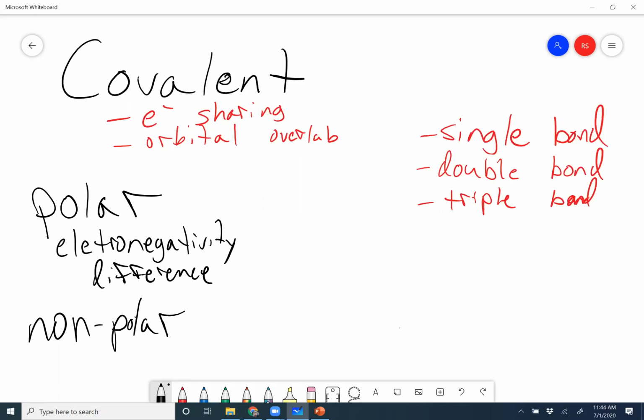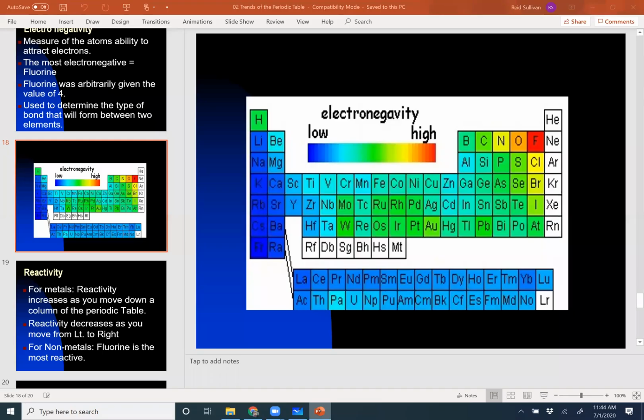I think your book says 1.5, but we'll just say 1.6. When the difference is about 1.6, you have a polar covalent bond. Anything larger than 1.6, so 1.7 plus, is going to be ionic. This difference in strength means that the more electronegative element is able to strip the electrons straight off the other.